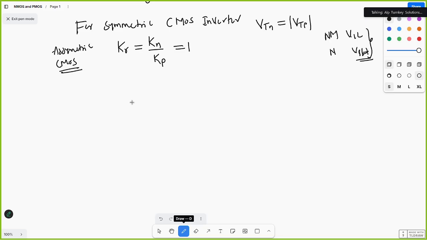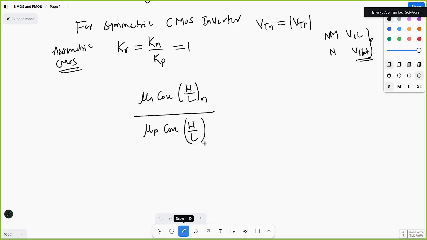So what is Kn? Kn equals mu n Cox W by L of N, and Kp equals mu p Cox W by L of P. This ratio equals 1.